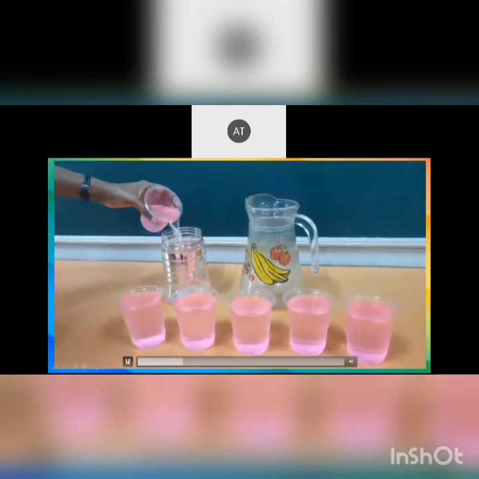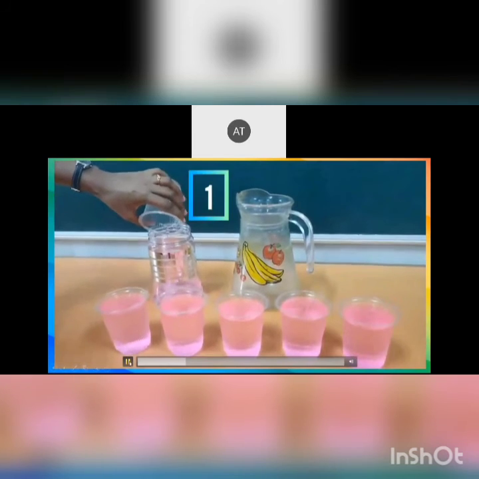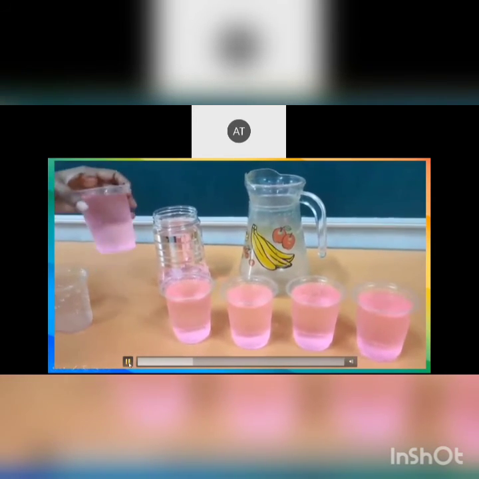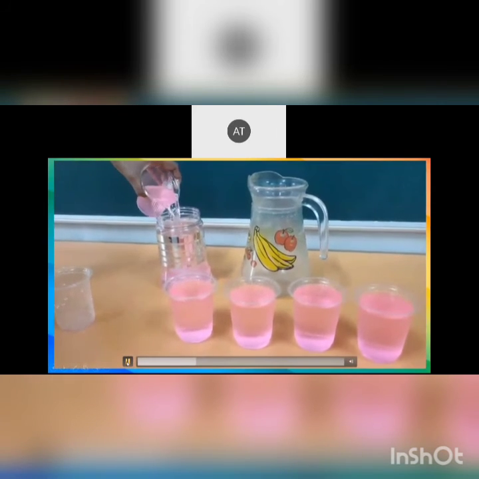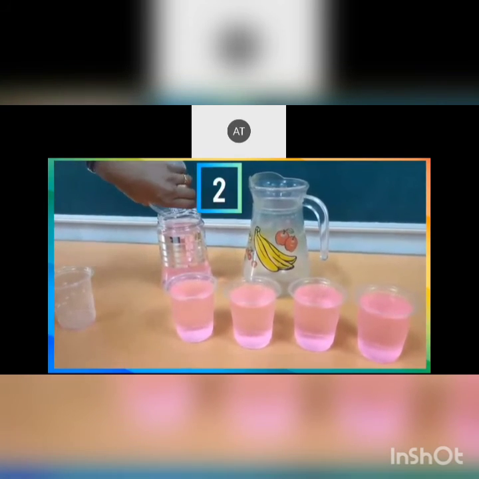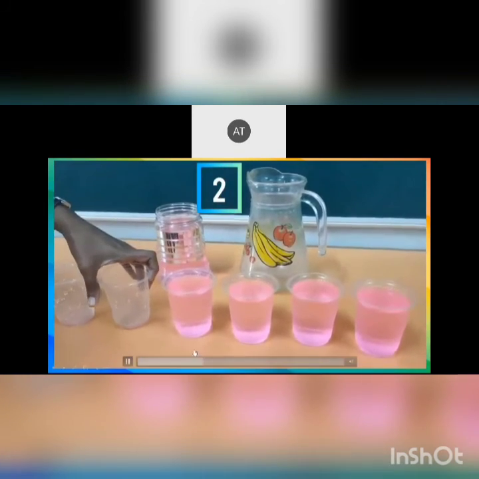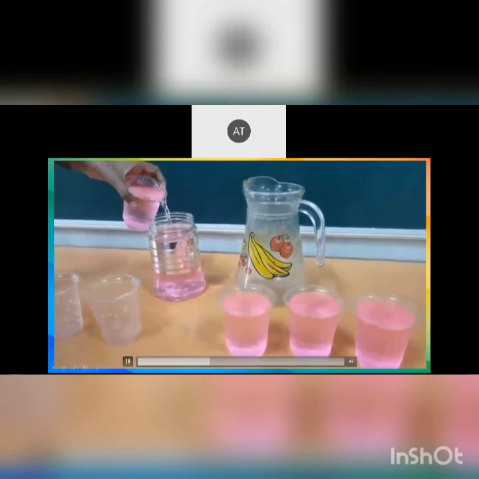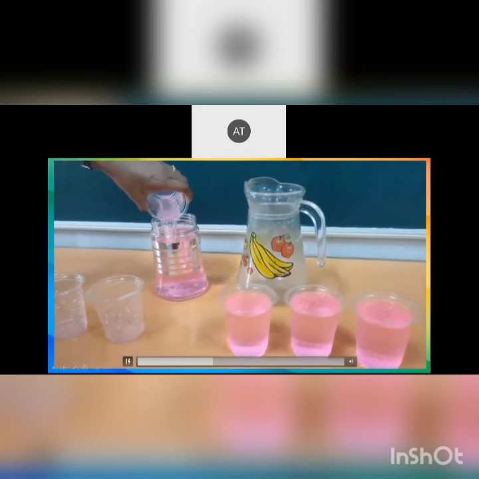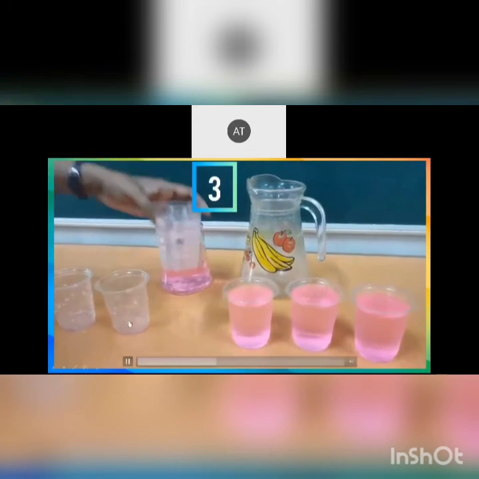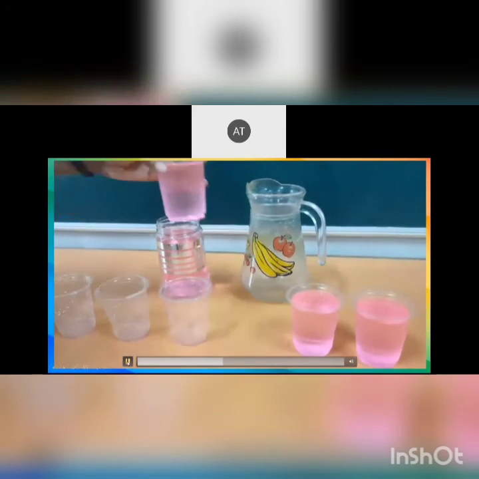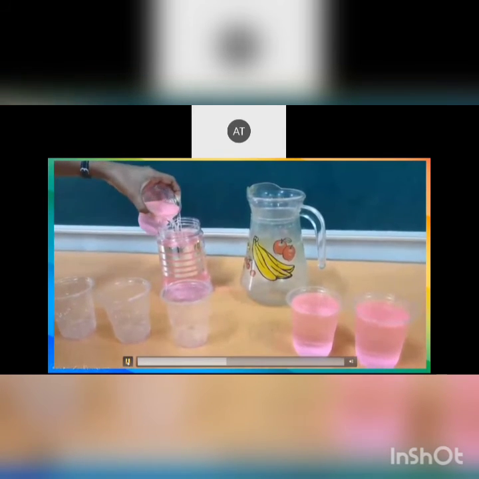So 1. Are you all counting? 2. So now ma'am is taking the third one. 3. And then 4.